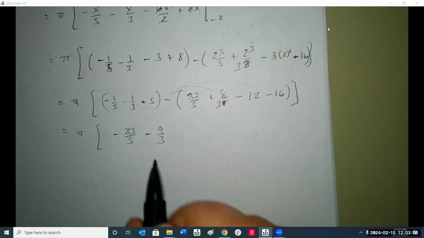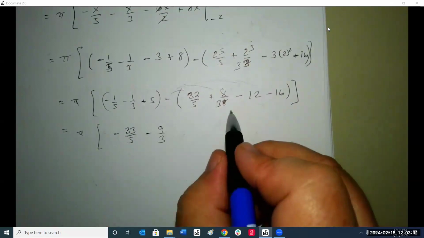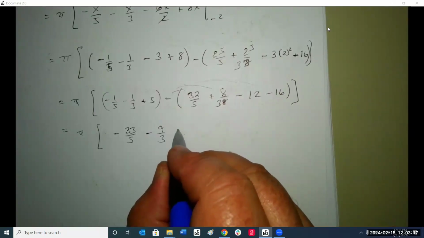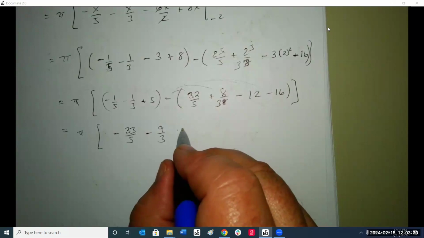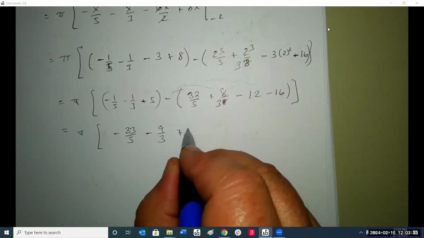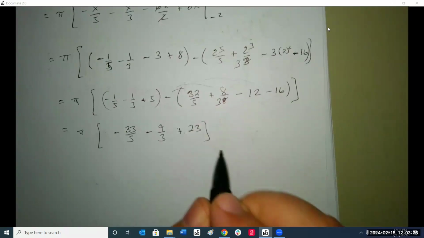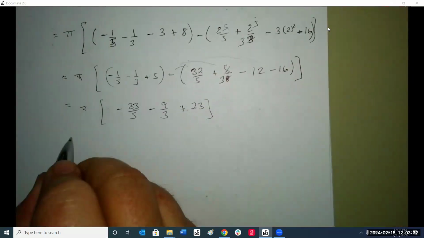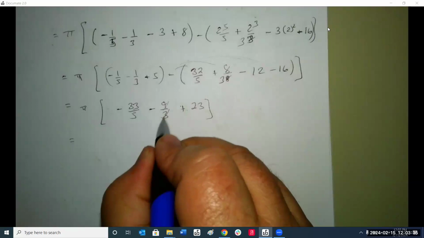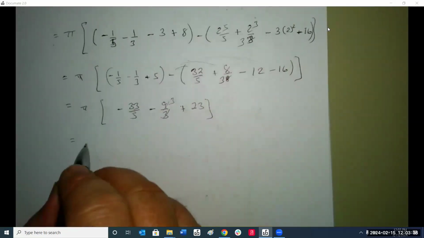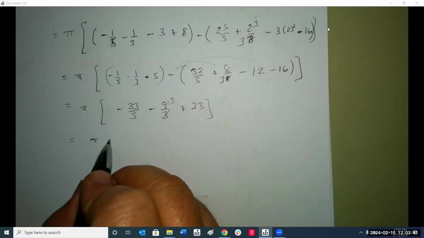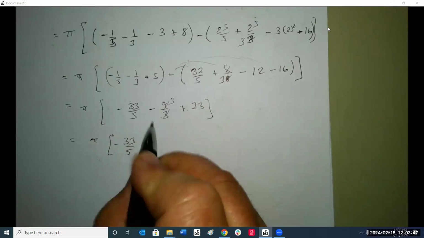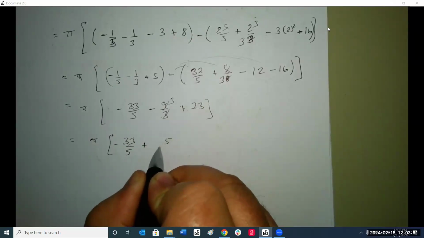Negative 9 over 3, 17 plus 16. So that becomes 3. So we have negative 33 over 5 plus 15.